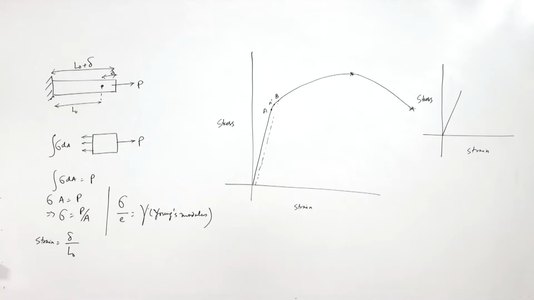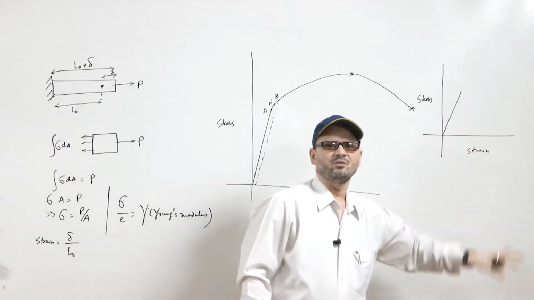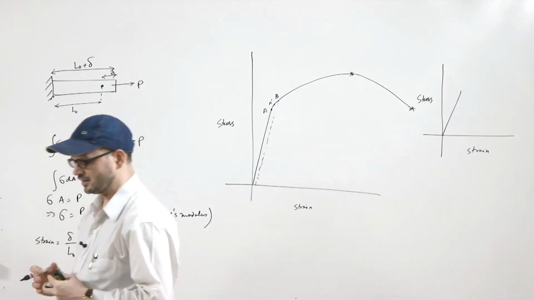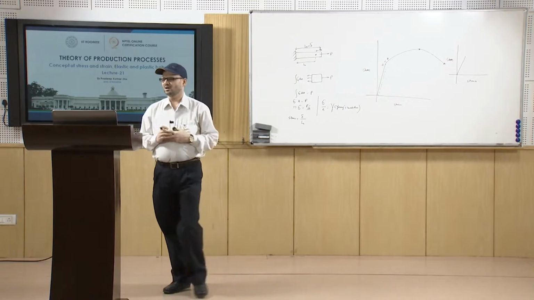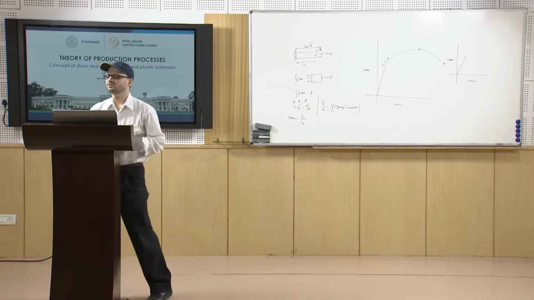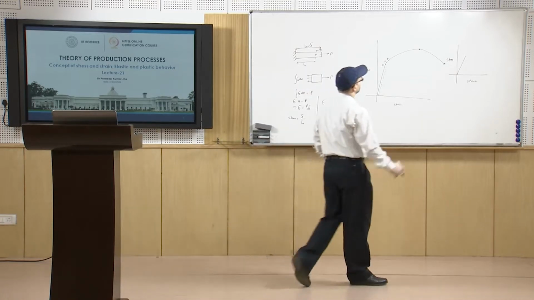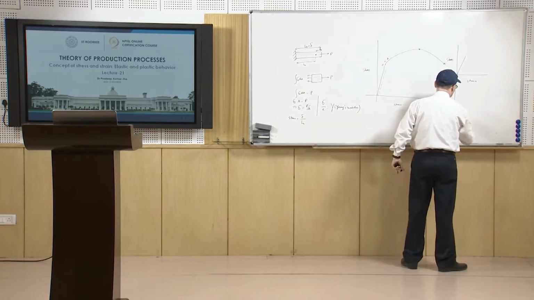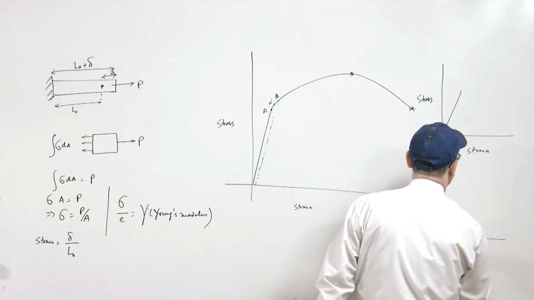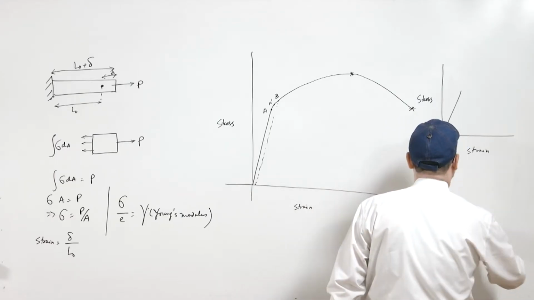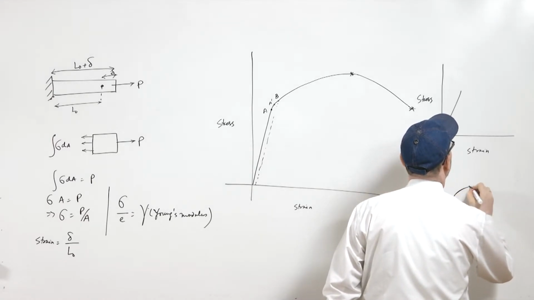So, this is typically happening in the case of brittle material, whereas in some cases you may have some amount of plastic deformation also. If you have a material with a slight amount of ductility, then the curve may go like this, and then some amount it will go, and then it will fracture here.